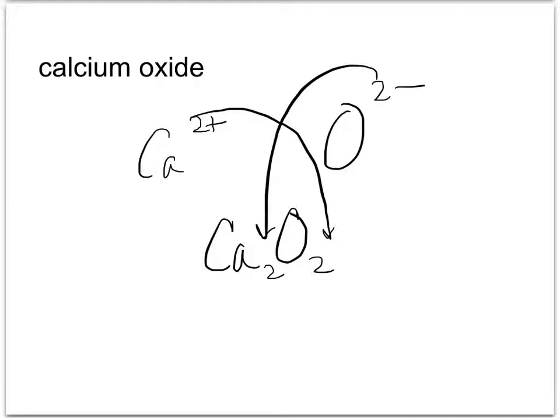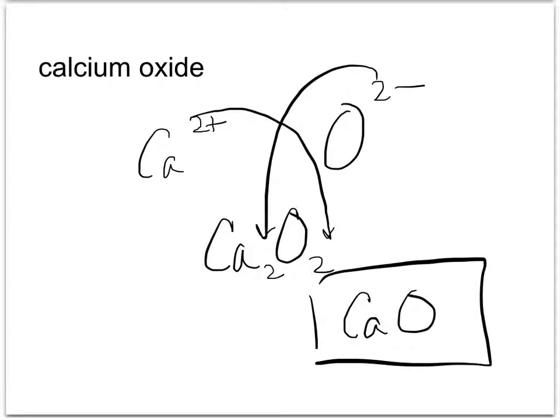So in this instance, because they are both 2's, they both go into 2 one time, so the correct formula for calcium oxide is CaO. Whenever you have equal and opposite charges, you want to cancel them out. Calcium oxide's formula is CaO.